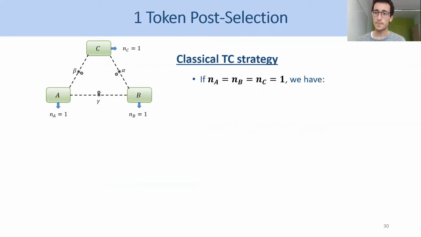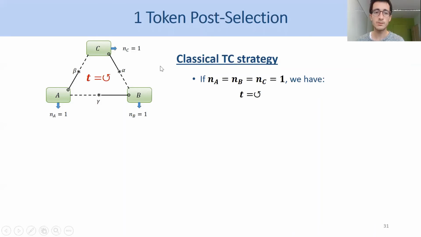Okay, so in order to explain why quantum and classical token counting strategies are very different, I will go back to this specific case of 1 token per party. So I will post-select over the case where each party saw 1 token. And I will first consider the classical token strategy.